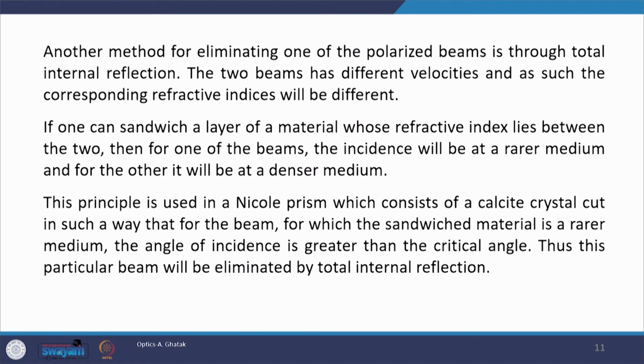Now, another method for eliminating one of the polarized beams is through total internal reflection. What we do here is that since the two beams have different velocities, the corresponding refractive indices will be different. Now, if one can sandwich a layer of material whose refractive index lies between the two, we launch unpolarized light in a birefringent material and it splits into two.